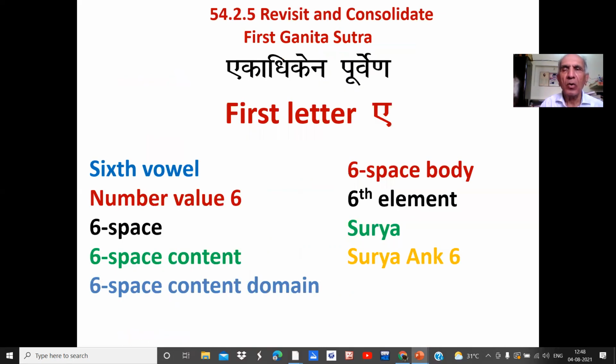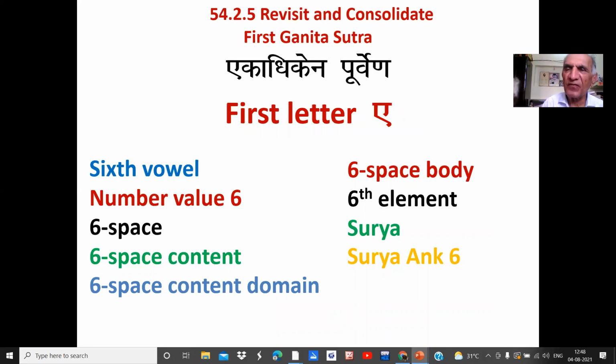Now, the beginning is to be the way the text begins. The text begins with the first letter of the first sutra. The first letter of the first sutra is A, the sixth vowel. Ekadhikena Purvena is the first Ganita Sutra.